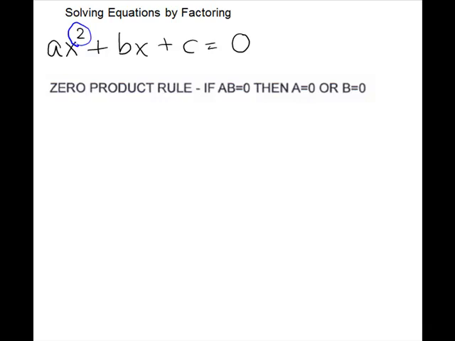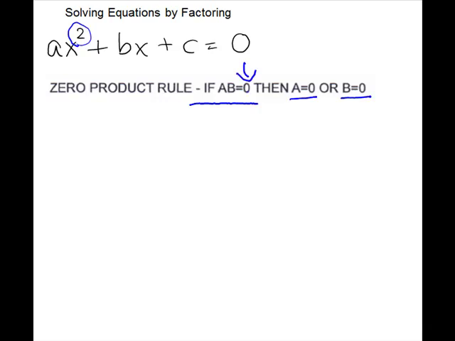And we need a property to help us. This is called the zero product law. And this says if we have a product, A times B equal to 0, then either A equals 0 or B equals 0. Let's pick this apart just a little bit. One side must be 0. There is no choice.